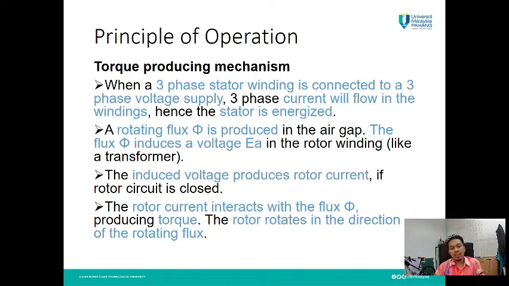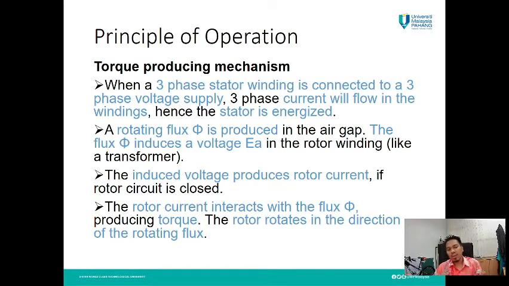Therefore the induced voltage produces the rotor current if the rotor circuit is closed, or terminated. So the rotor current interacts with the flux and it will produce the torque. So the rotor rotates in the direction of the rotating flux.